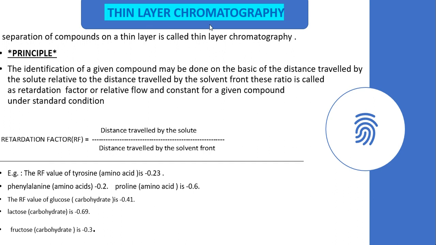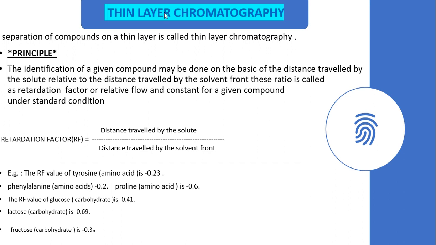Thin layer chromatography was introduced recently by Izmailov and Shraiber. These are the two scientists who introduced it, and they achieved some success with adsorbents plated out on a glass surface, rather than packed in a column.